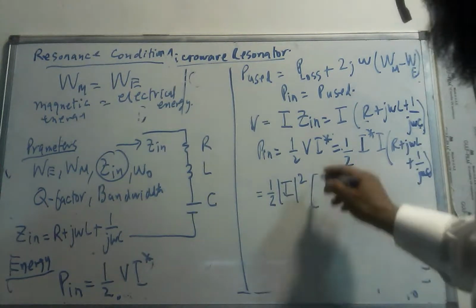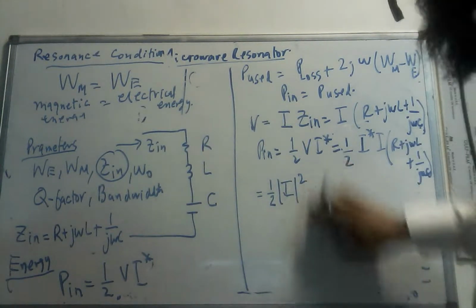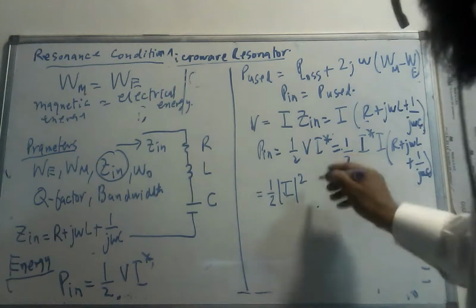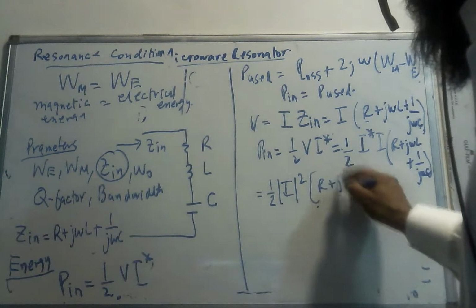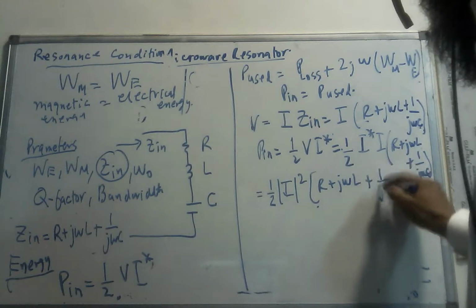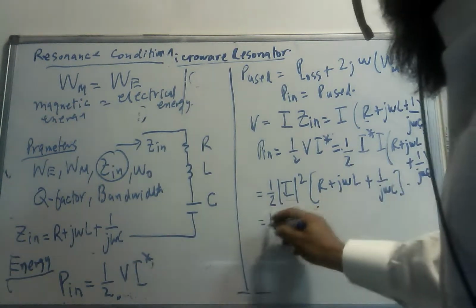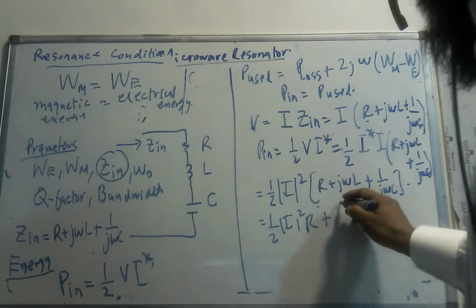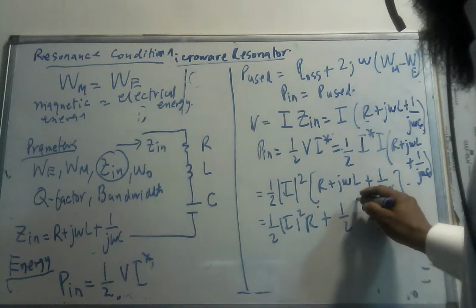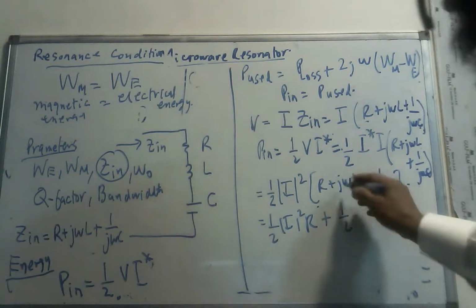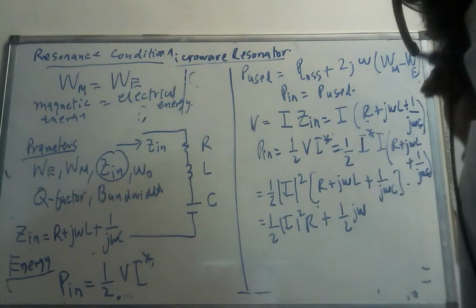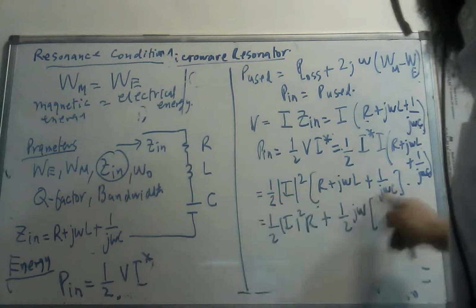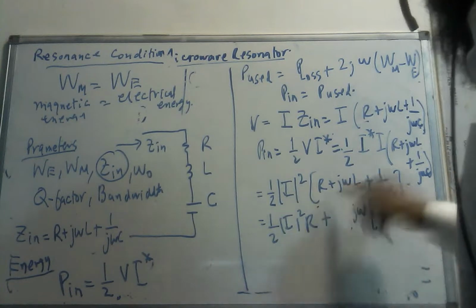Then I can put it here: R plus j omega L plus 1 over j omega C is equal to 1 over 2 I square R plus 1 over 2, and I take j omega common and multiply this inside.